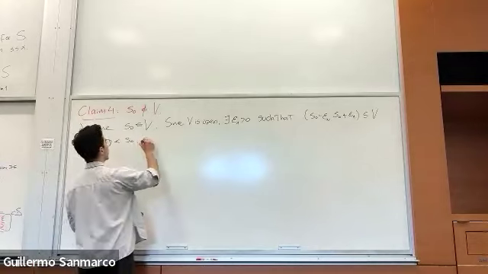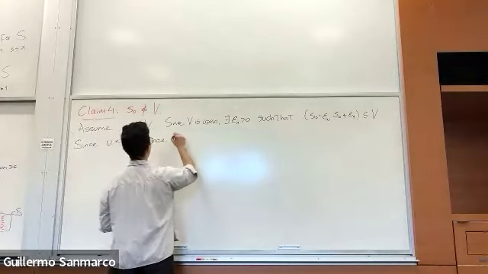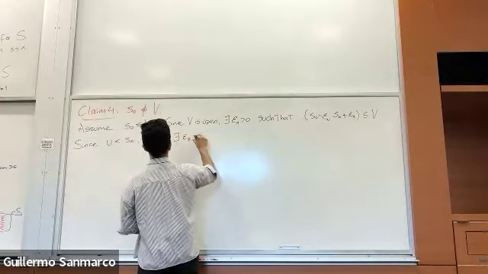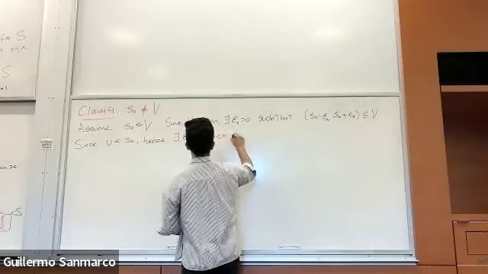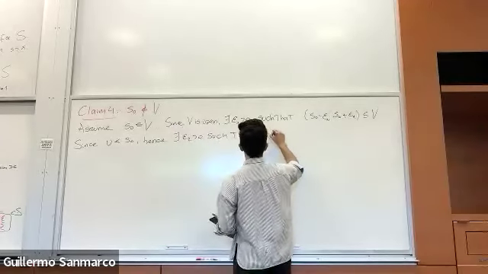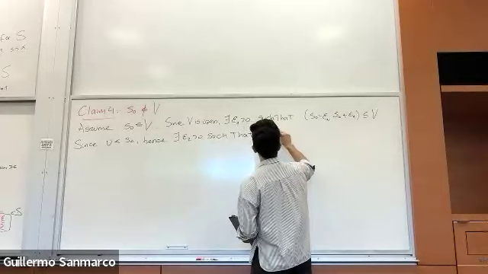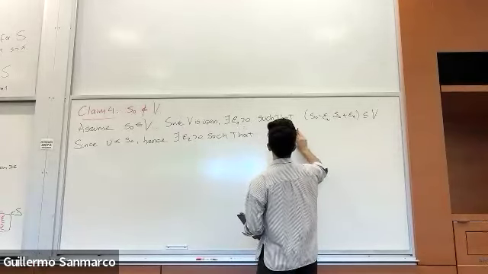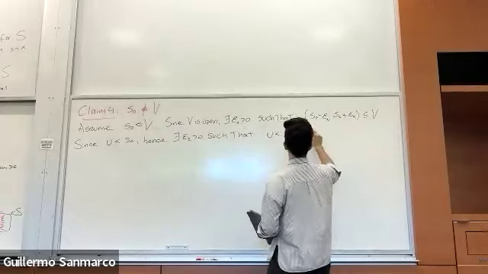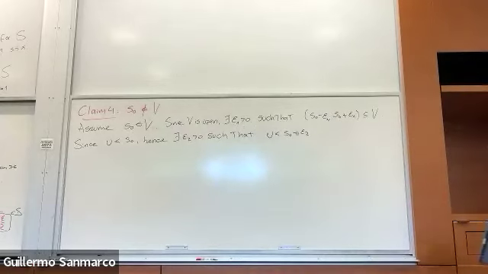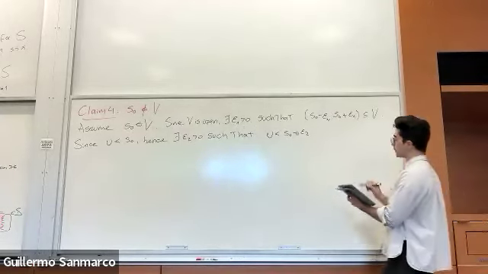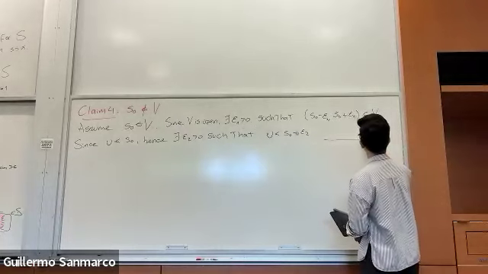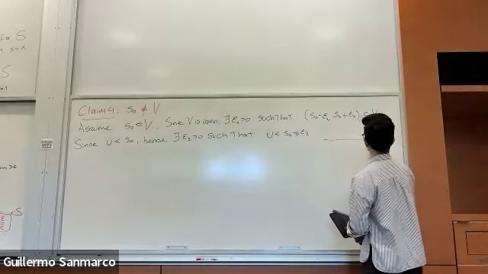That means that for some epsilon 2, my U is going to be smaller than S naught minus epsilon 2. So what I'm trying to cook up here is something like this. Here's my S naught.